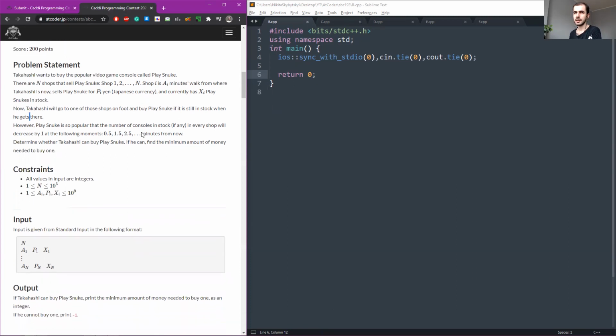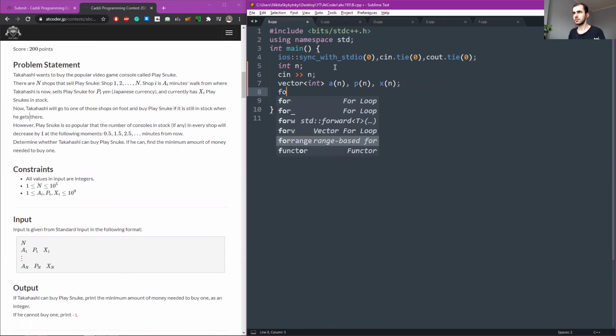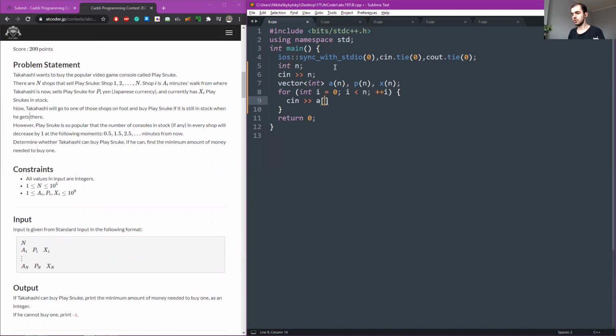A_i and so on are integers, right? Okay. We're just going to make a for loop.